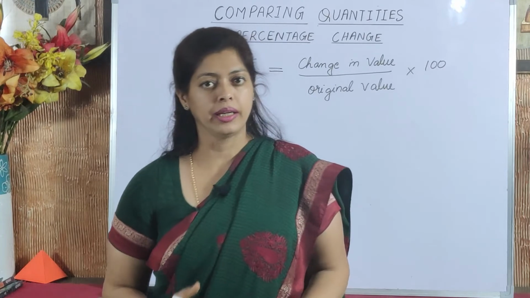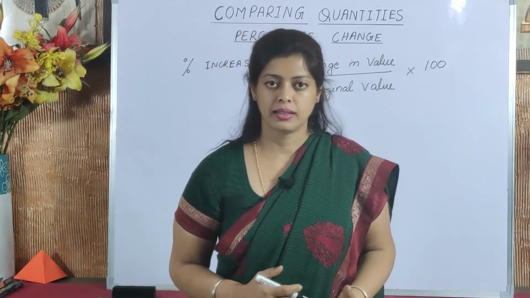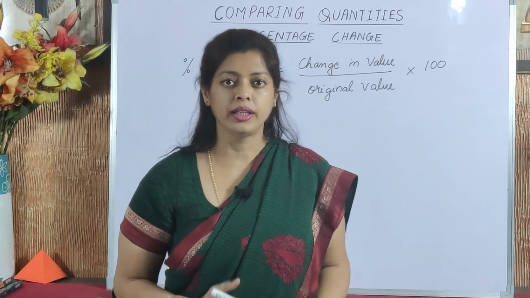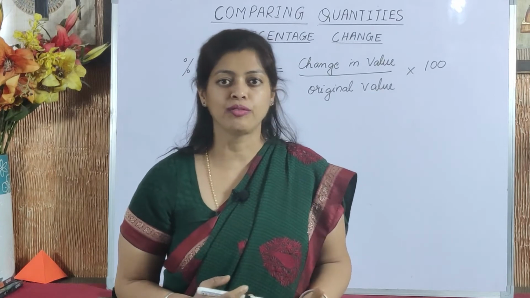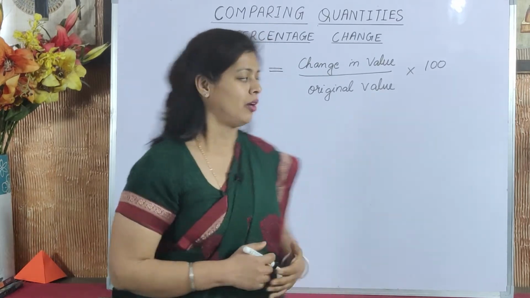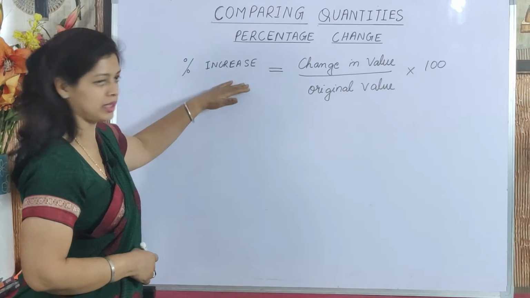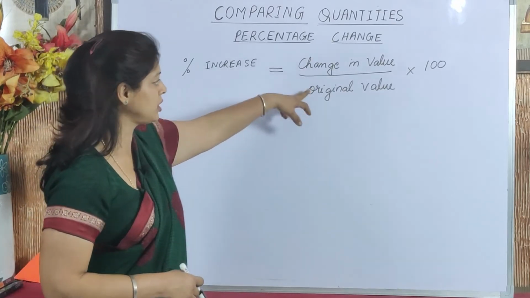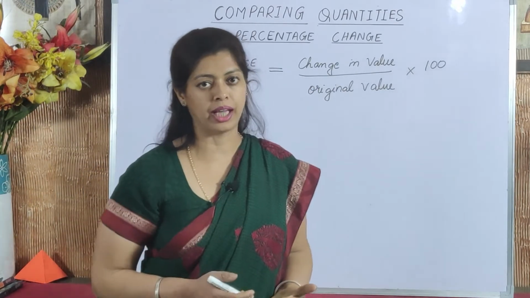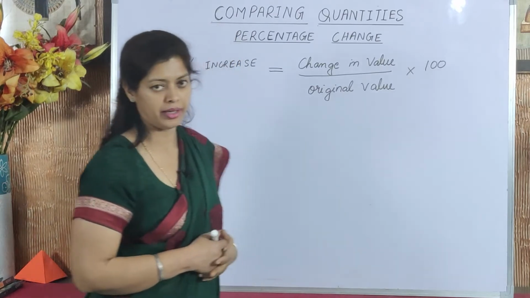Now percentage increase or percentage decrease is the difference between the old and the new numbers as a percent of the old number. We just did that percentage increase. The formula for percentage increase is change in value upon the original value multiplied by 100.